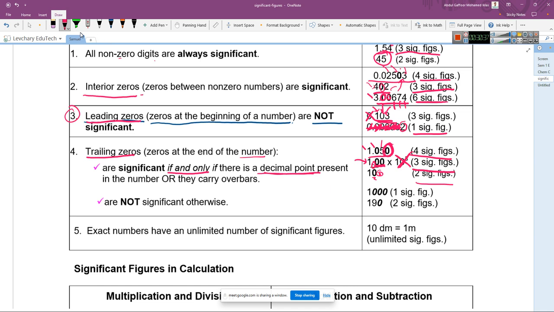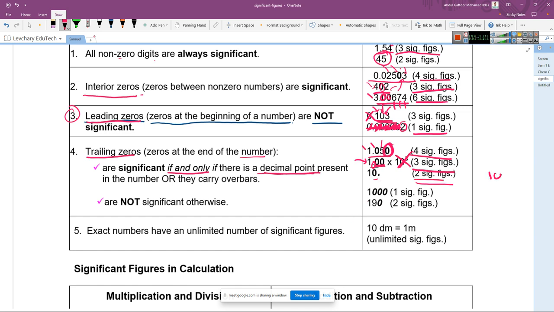Here there is a typo. It should be written as 10.0. Since we have a decimal point, this last 0 that we have, we will count it as significant. So we have 2 significant figures.